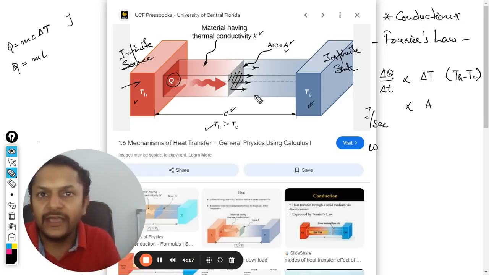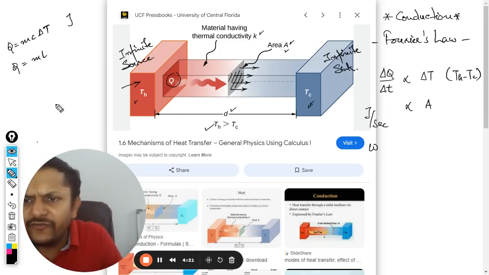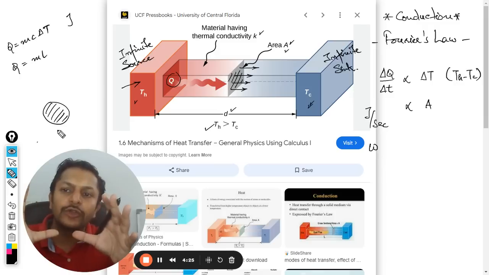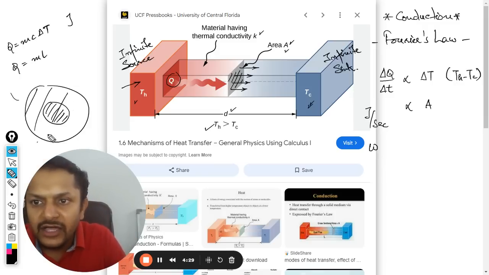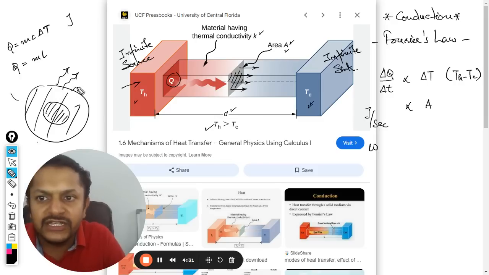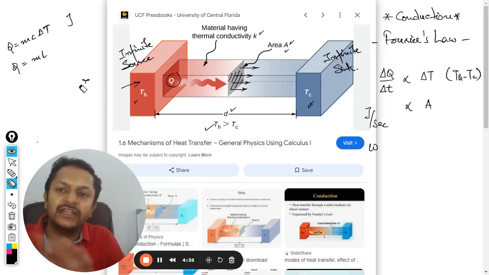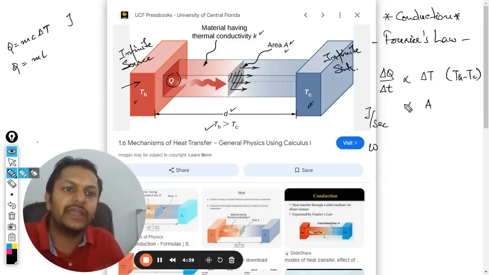Obviously, with a bigger area there is more area from which the heat energy can flow, so there is a larger energy flow rate.